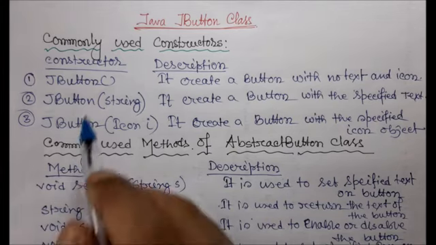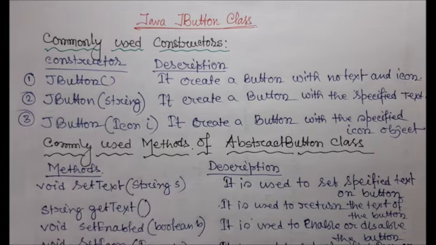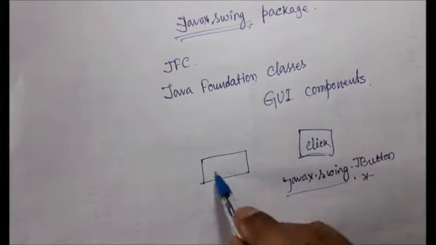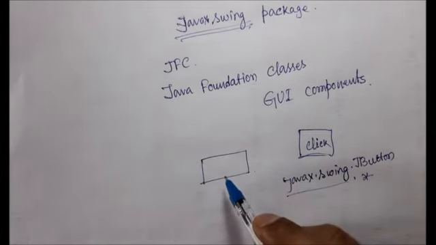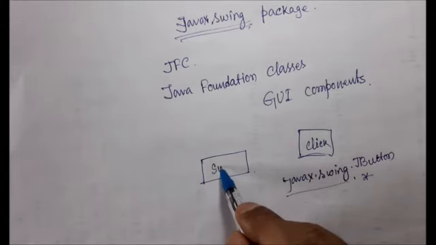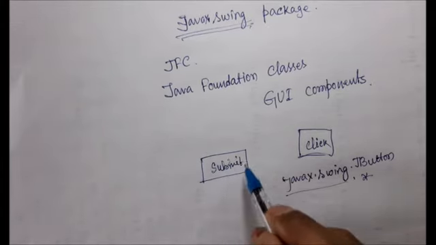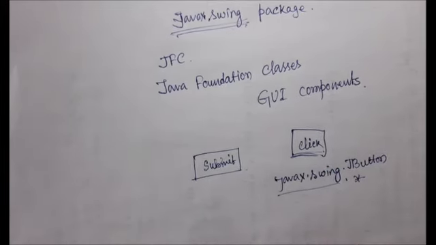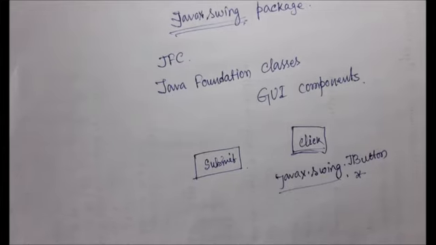If I don't pass any argument, neither a string nor an icon, it will create a simple button, but no text is available. Most of the time on websites we have seen something written on a button, for example submit or click; that is written as the label of the button.